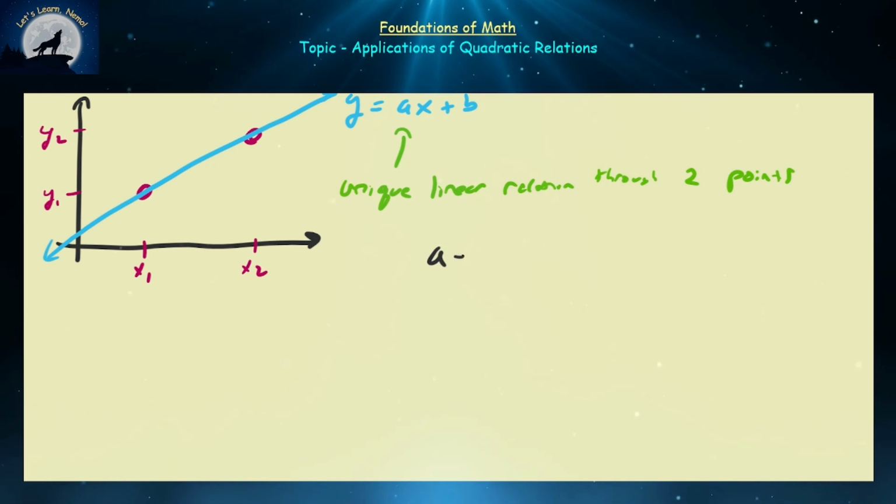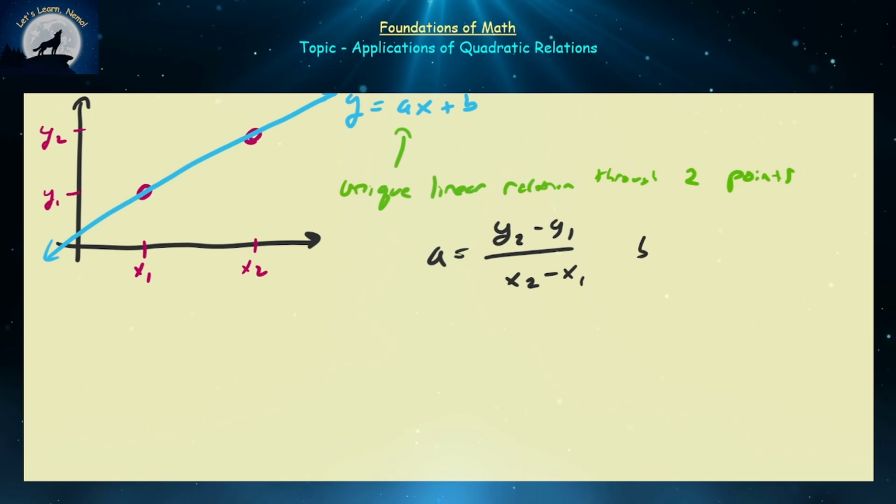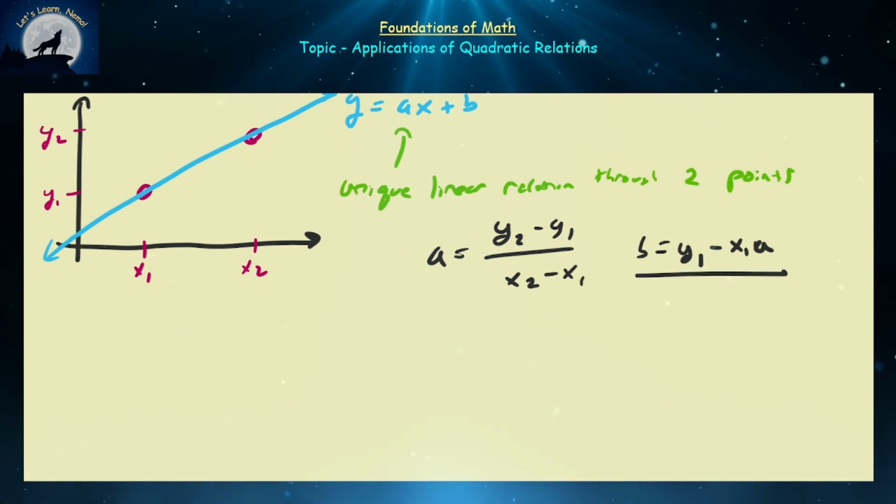Well, obviously a will be equal to y2 minus y1 over x2 minus x1, and then b can be found a variety of different ways, but one way is y1 minus x1 times that a value you just found, and that's going to give you your b. You could also use x2 and y2 to get your b. It doesn't really matter. You only have one solution for that.